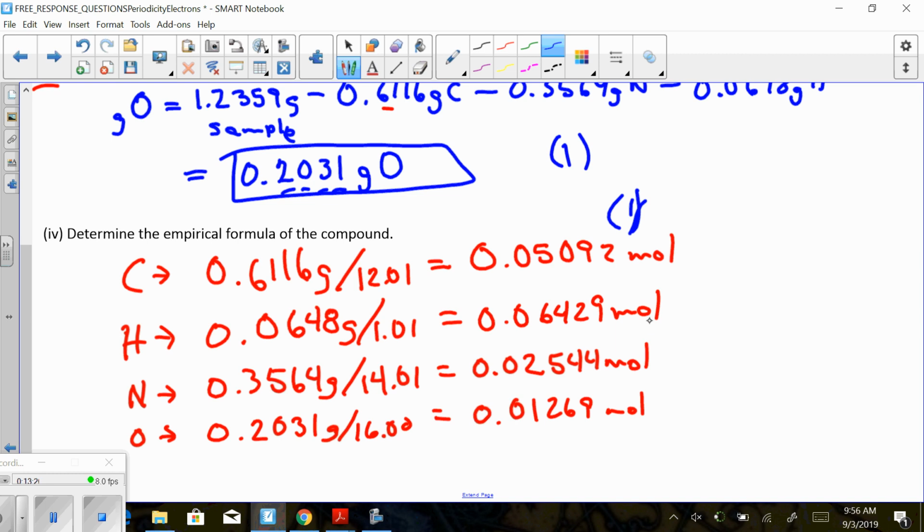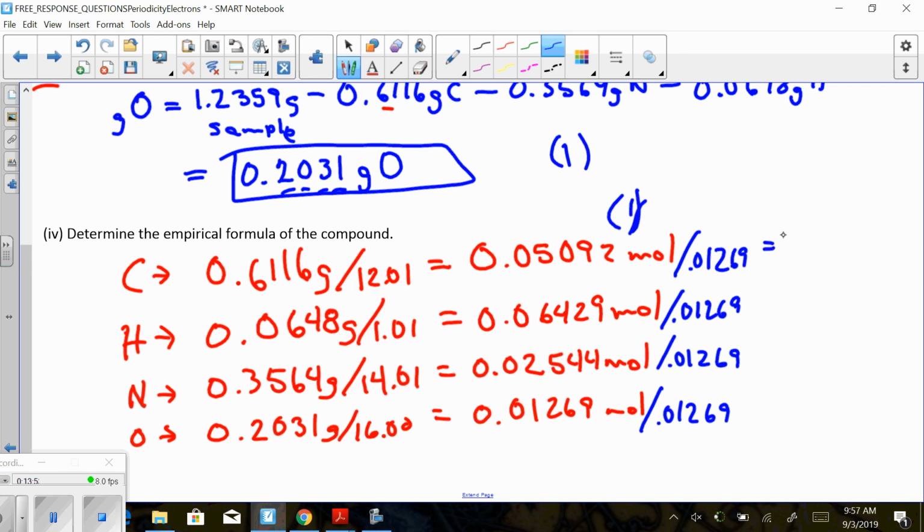So if we pick the smallest number and divide all of those by that smallest number, and our smallest number is our oxygen, 0.01269. Oh, actually, we do have points for the rest.